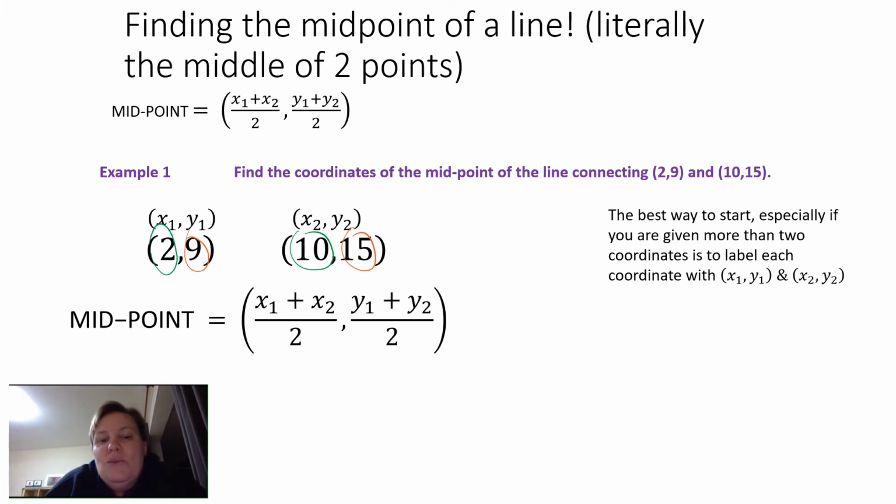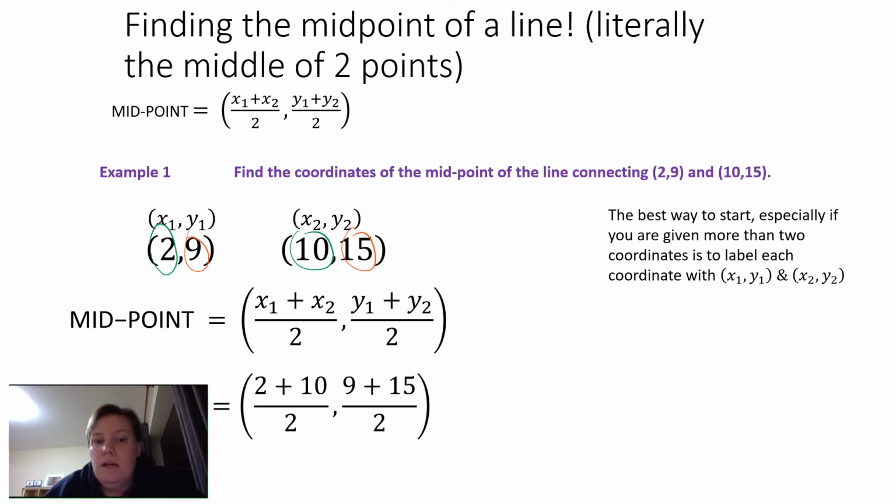Now, just a little thing to remind you, you're going to put this in your calculator at some point. If you don't press equals before you divide by 2, you're going to get some answers that are really, really wrong. So I've got 2 plus 10 and 9 plus 15, both divided by 2.